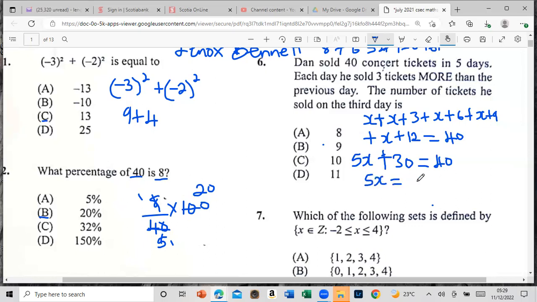Notice that's not the answer yet, it's the first day. So it's 40 minus 30, 10, divided by 5. So on the first day, he sold 2.